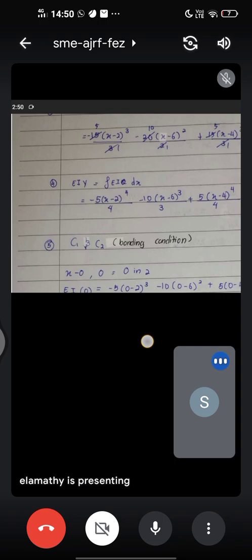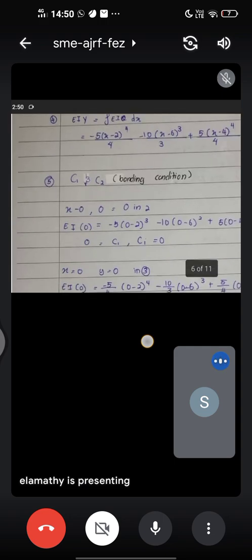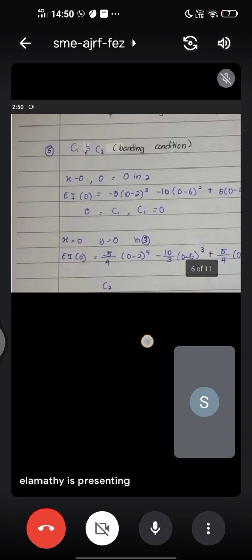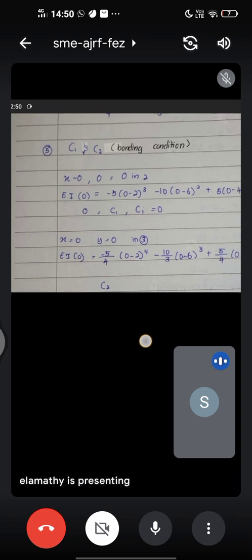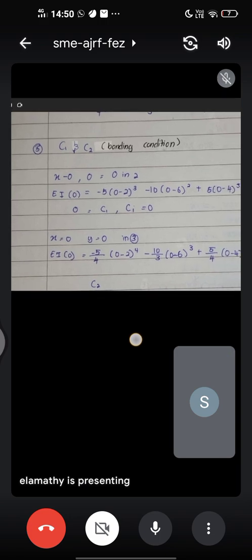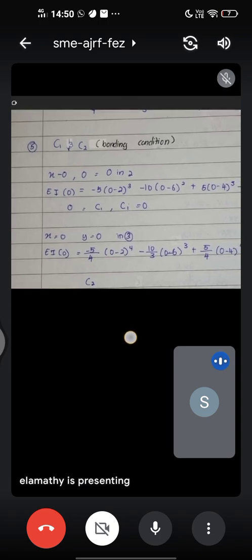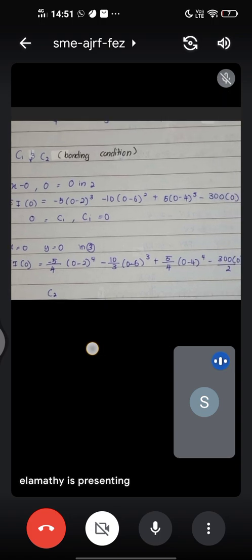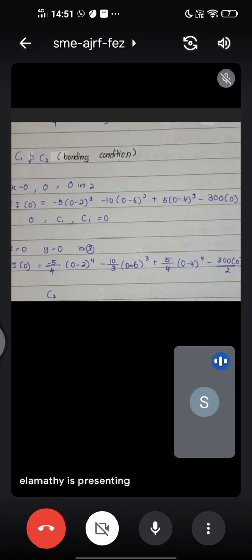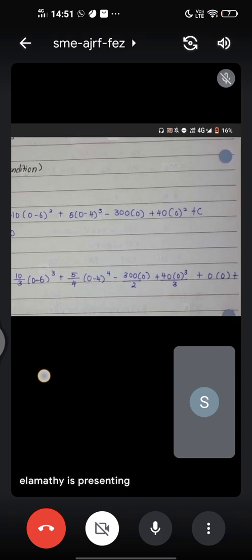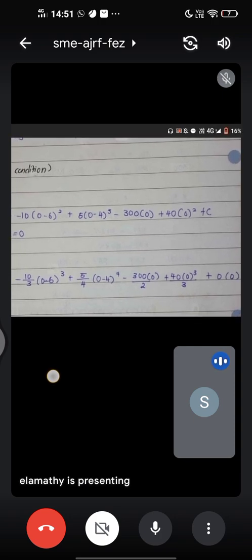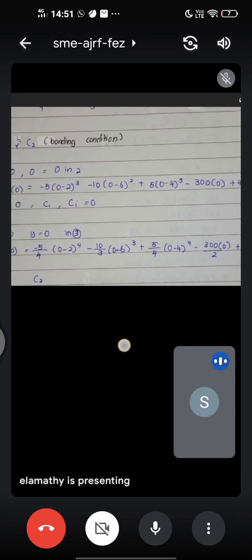Then for the fifth step we will go to C1 and C2, which is called the boundary condition. So x equals 0, so 0 equals 0. We will substitute everything using the EI method, and some we need to subtract, some we have to add.